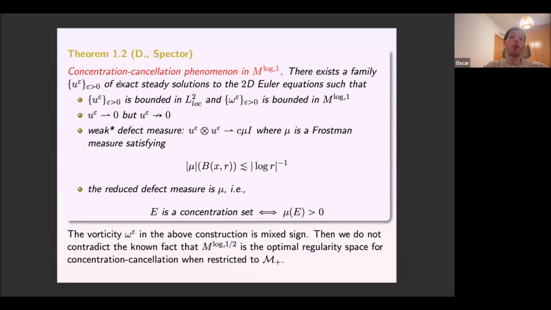Another comment is that here I restrict my attention to alpha equals 1, because this is really the threshold. Once you have this, you have the concentration cancellation phenomenon for M log alpha with alpha less than or equal to 1, because locally these spaces are nested. So 1 is really the endpoint here.